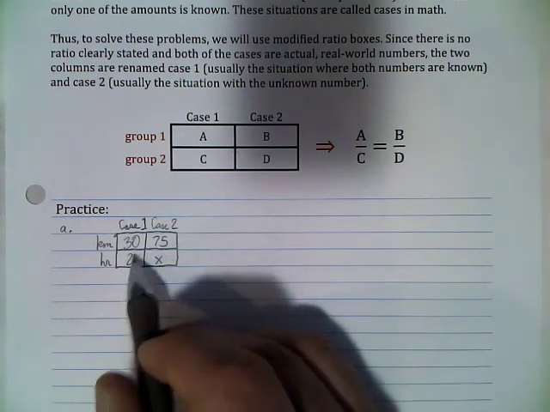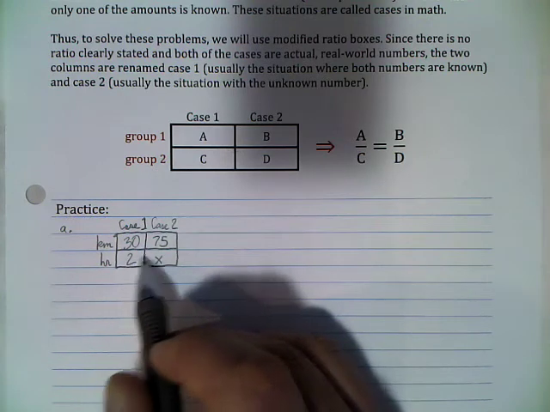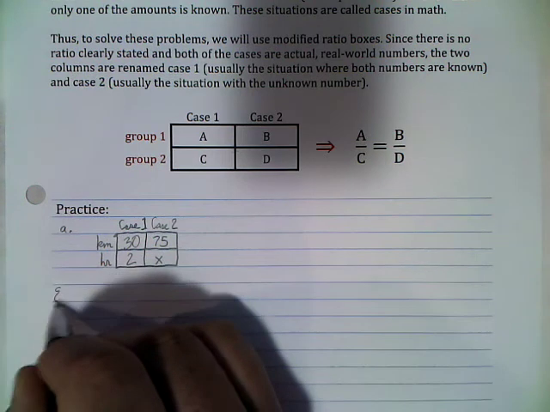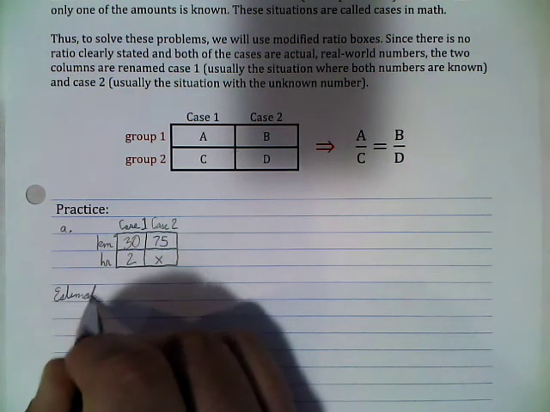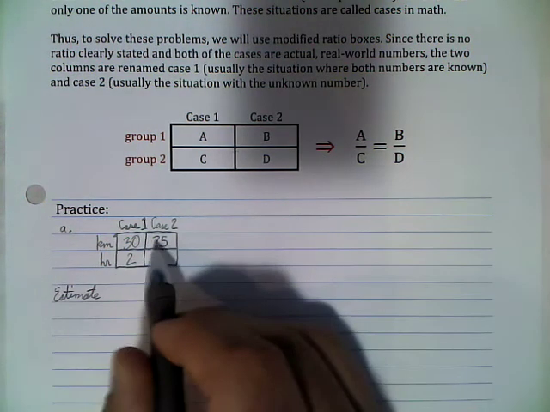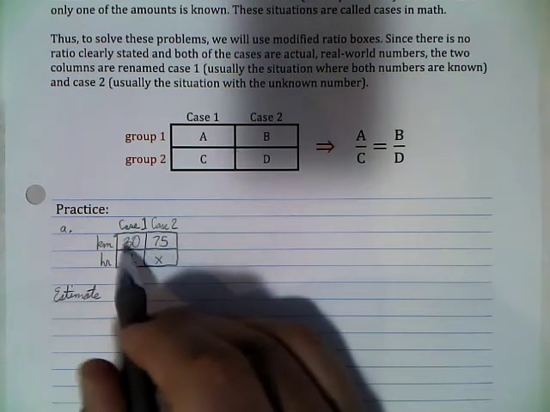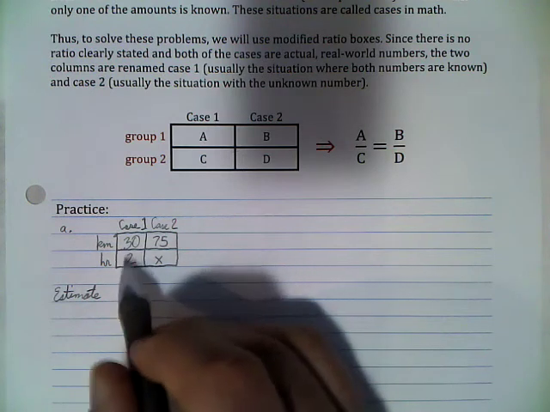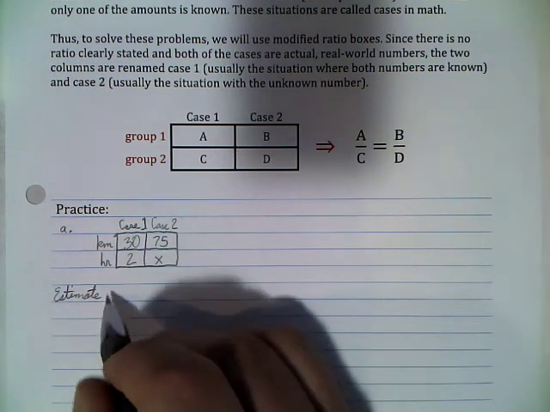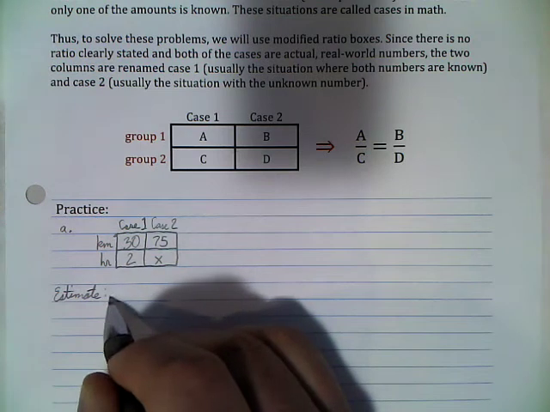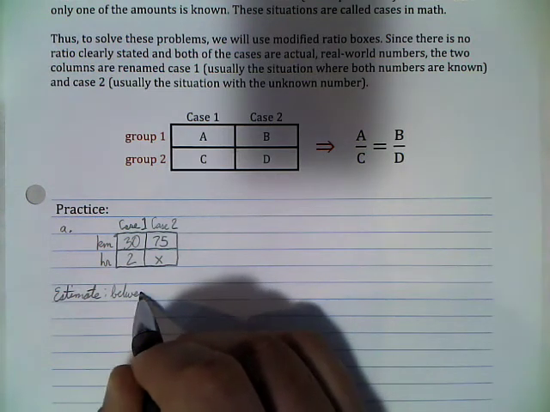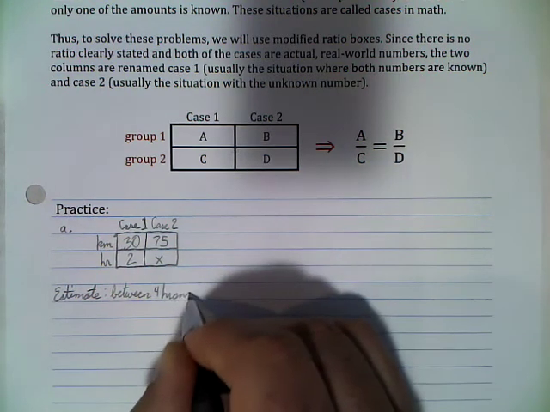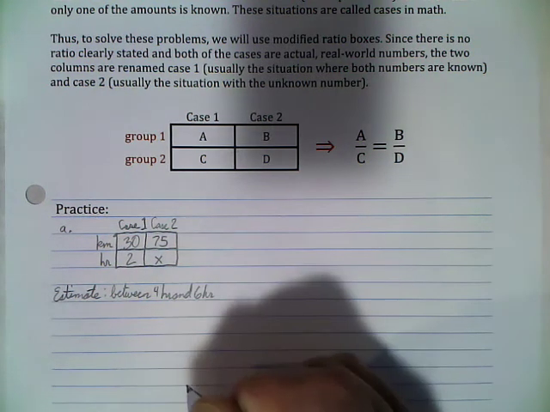So just like the 75 is between 2 times 30 and 3 times 30, the number of hours must be between 2 times 2 and 3 times 2. So the estimate here is between 4 hours and 6 hours.